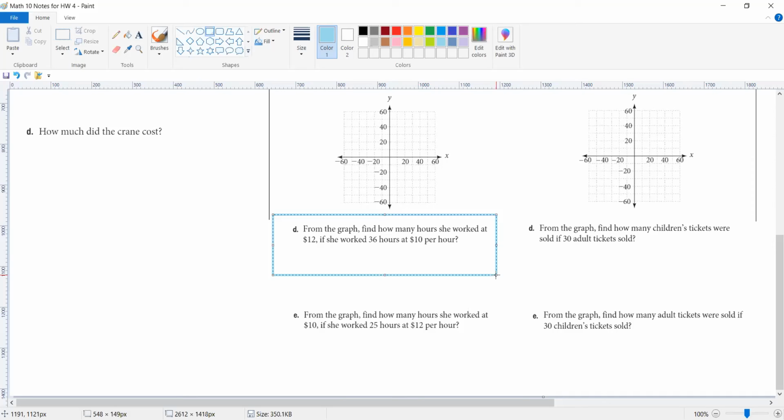So this question is asking, if x equals 36, what is y? I'm going to write down this info and we'll come back and translate it and solve it. How many hours she worked at $12?